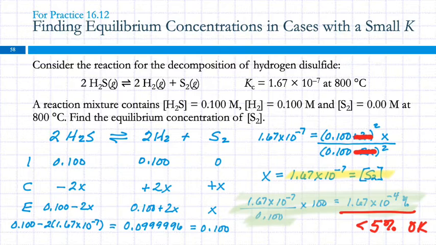Yeah, so on an exam, if you ask us to do approximation, you're probably going to ask us to do approximation? I might, yeah. So if we put it in our calculator and I come up with 1.67 times 10 to the negative 7, I can just divide that by my concentration, times it by 100, and if it's less than 5%, I can say it's okay.